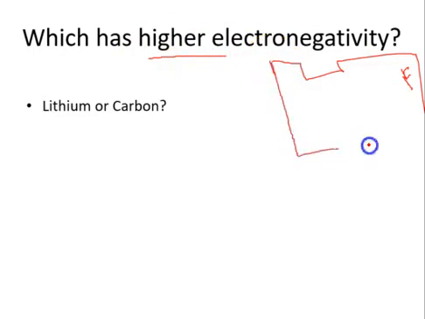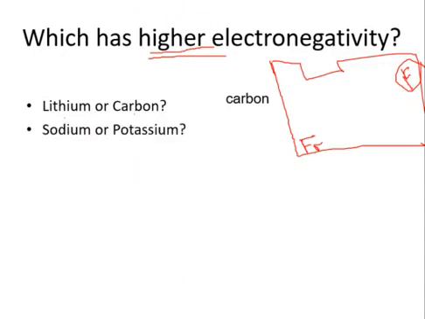If the question was asking which was the lower, it would be whoever was closer to francium. But this question says which is the higher electronegativity. So who's closer to fluorine, lithium or carbon? And the answer, of course, is carbon. So carbon has the higher electronegativity.